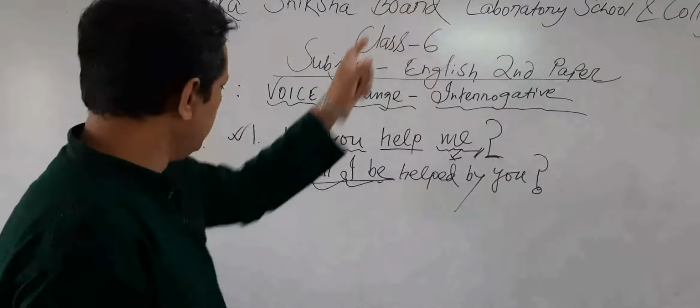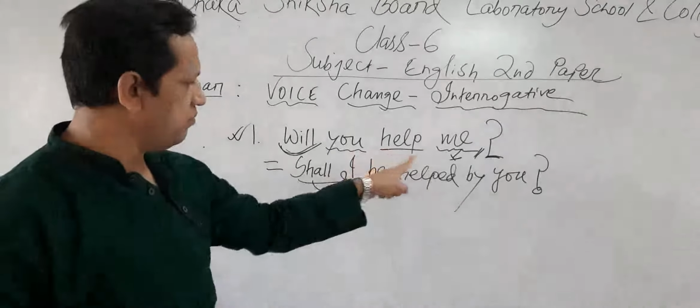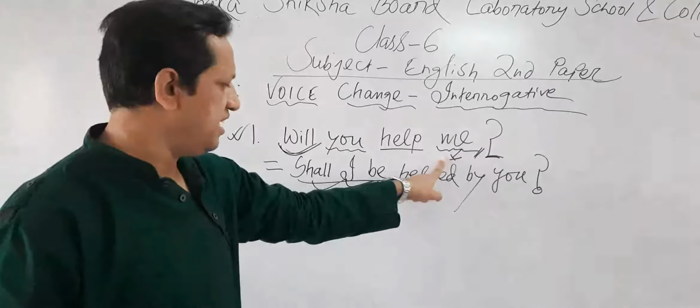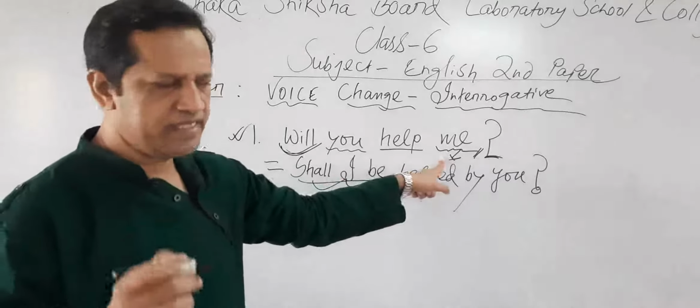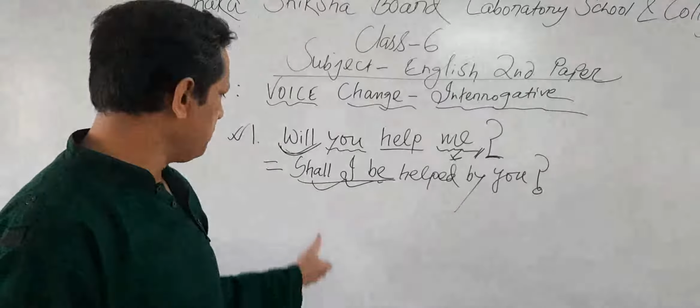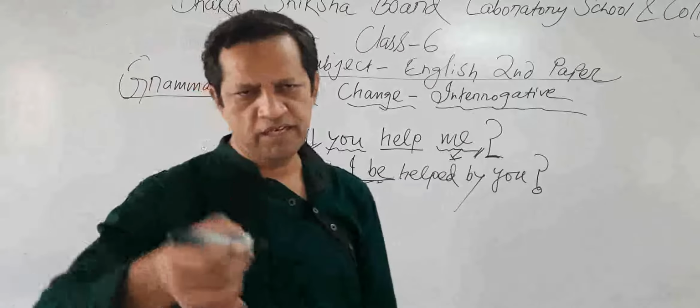Students, here you can see that will you help me? This is an interrogative sentence, and for making this sentence passive, you have to write shall be or will be as helping verb.